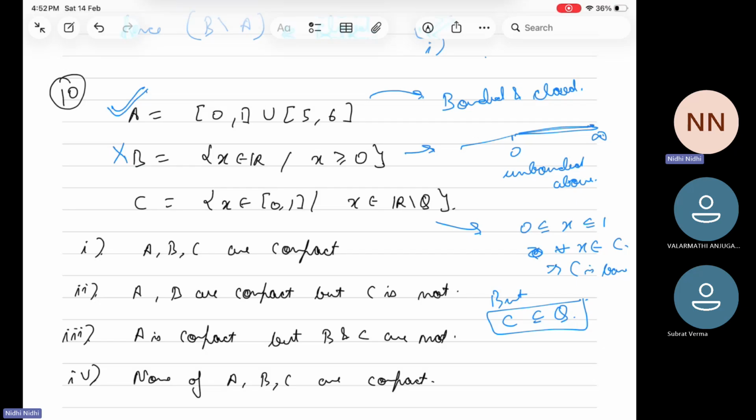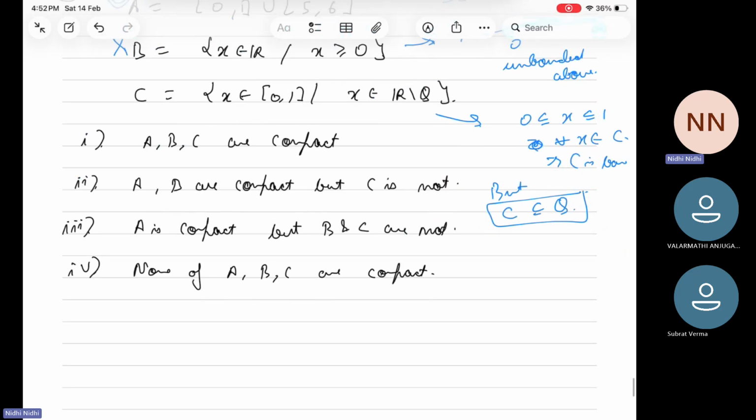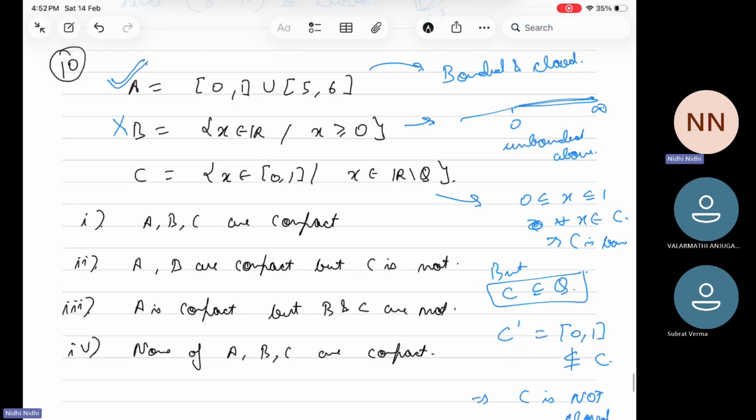So when we look for the limit points of C, C prime will be closed interval 0 to 1, which is not contained in C. So basically, C is not closed. Whenever you have a subset of Q, that can never be a closed set.